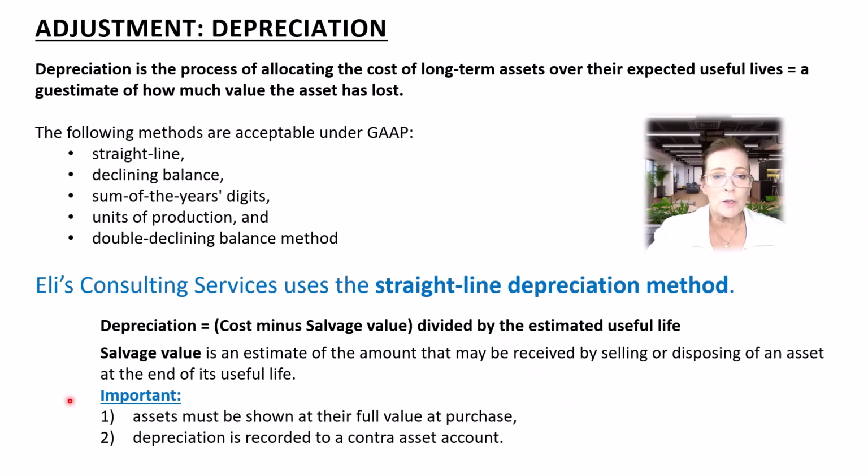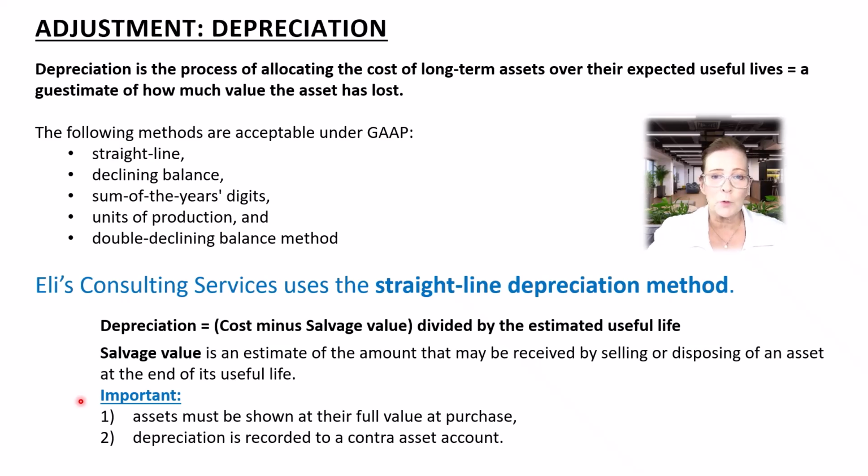And two things to mention before we calculate the depreciation for Eli's Consulting. Generally accepted accounting principles require that the original cost of the long-term asset continue to appear in the asset account until the asset is disposed of via a sale or thrown away.